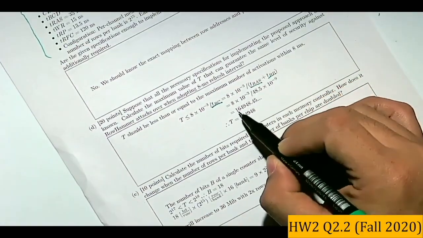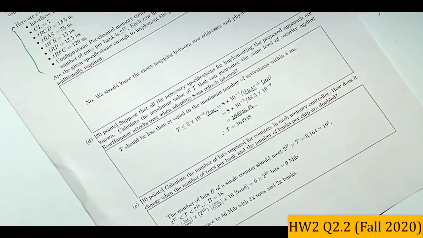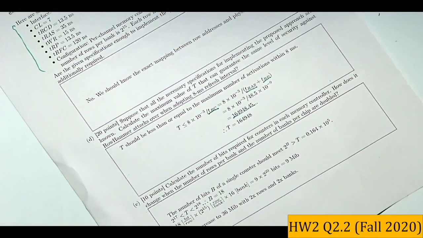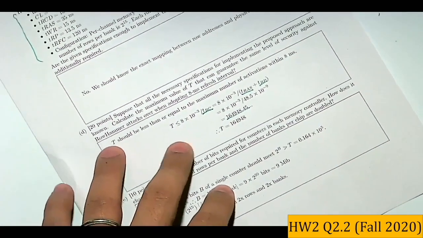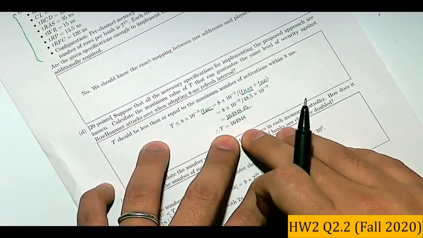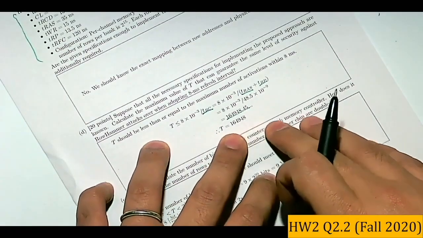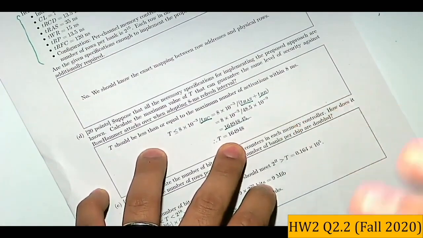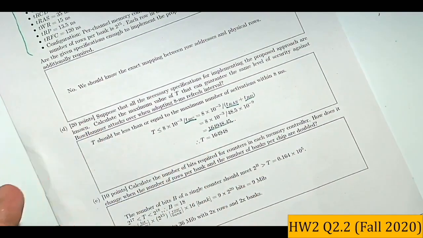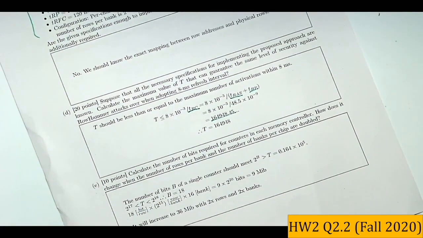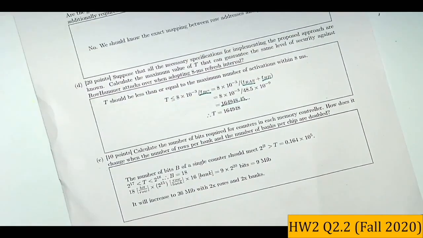It means about 65,000 activations are possible in a single 8 milliseconds. So if we set the threshold value as this value, then we can at least guarantee the same level of security against the RowHammer attack as with the 8 millisecond refresh interval. Make sense?